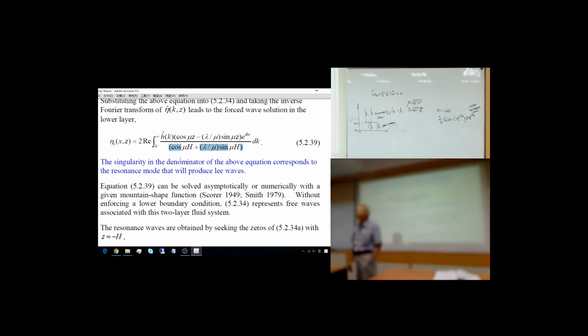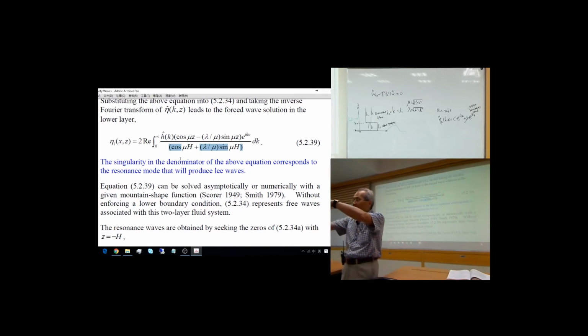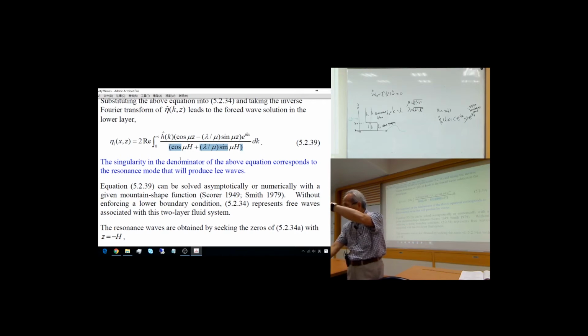Resonance means the wave can go up in the lower air and then reflect back, and at the ground it will reflect back again. You can have reflection like this.